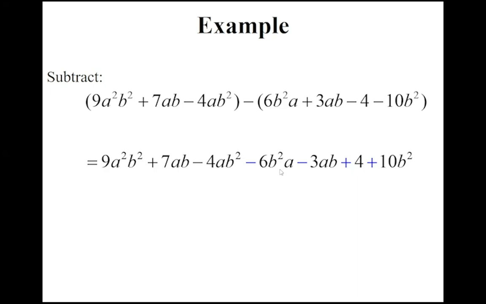Negative 4 of them minus 6 of them is negative 10 of them. And then we have our plus 4. Then we have our plus 10b squared. So the key to simplifying this one was recognizing that ab squared is the same as b squared a.